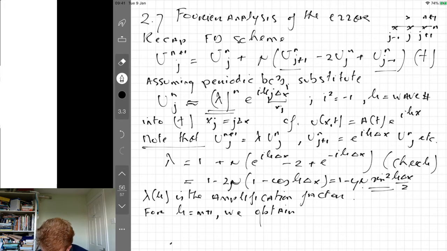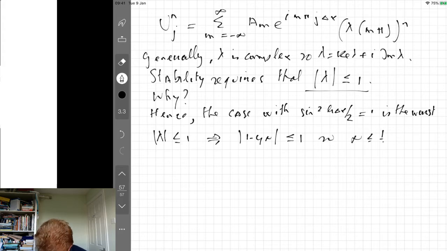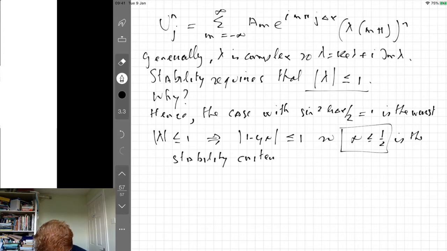For mu positive, we look at the case where lambda is less than minus 1, then the modulus is bigger than 1. So the modulus of lambda less than or equal to 1 is then equivalent, using the previous result, to 1 minus 4 mu being greater than or equal to minus 1, so mu less than or equal to 1/2. That is the stability criterion.